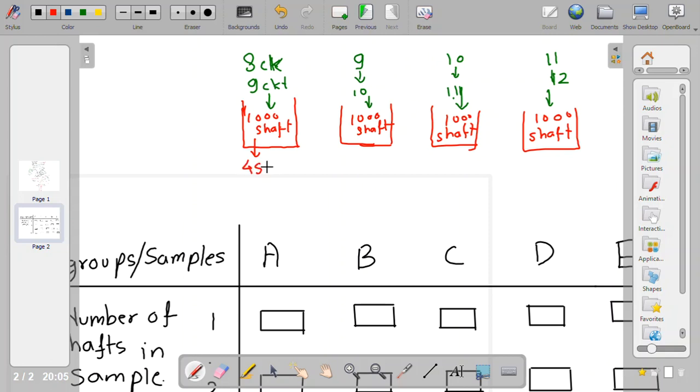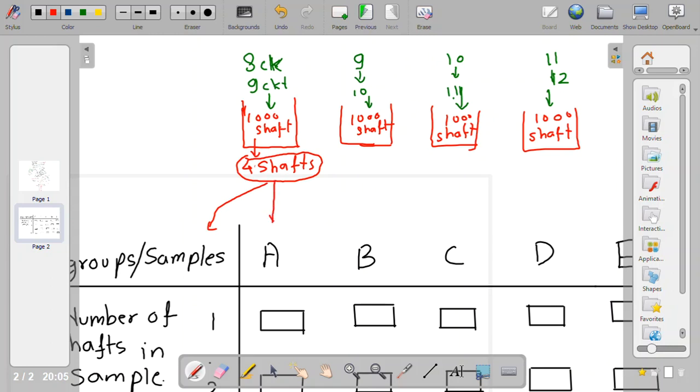4 samples. Just take 4 samples from lot A, 4 items, I can say 4 shafts only. So we will select 4 shafts. This group of 4 shafts I'll call a group or sample.